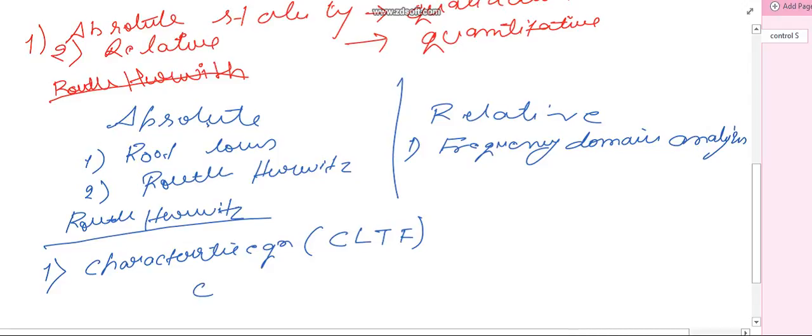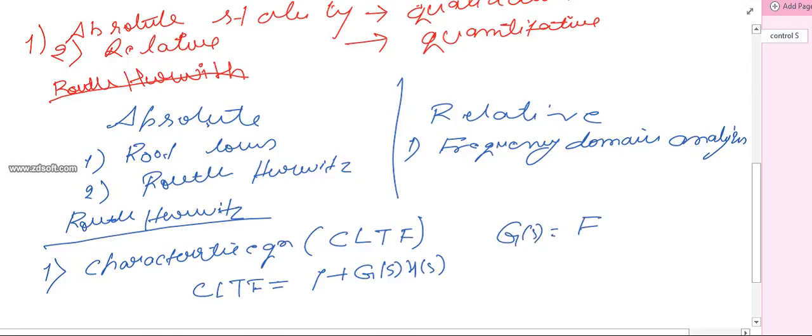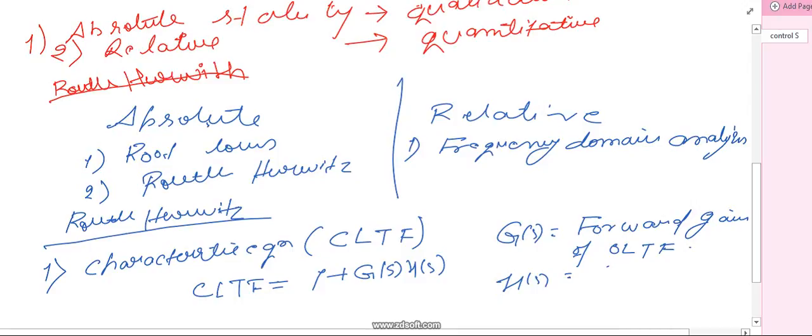And how you are getting the closed loop transfer function is 1 plus G(s)H(s), where G(s) is the forward gain of OLTF, and H(s) is the feedback gain.